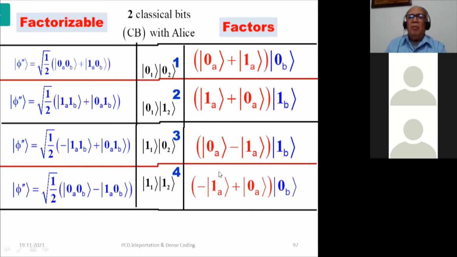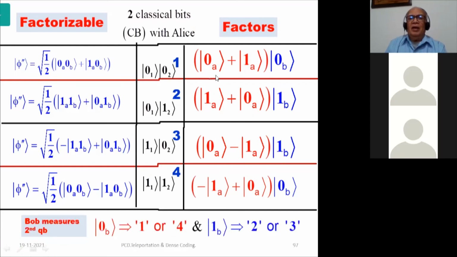Now, Bob really has some of the information that he wanted to get, which is to identify which of these 4 pairs of classical bits, 2 classical bits, Alice has. If Bob finds that his qubit is 0, so it could be this case, but it need not be only this case, because look at this one, the 4th one. This is also 0.